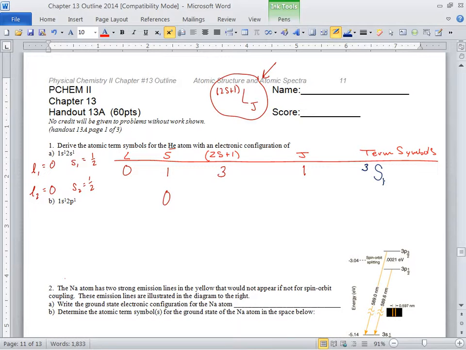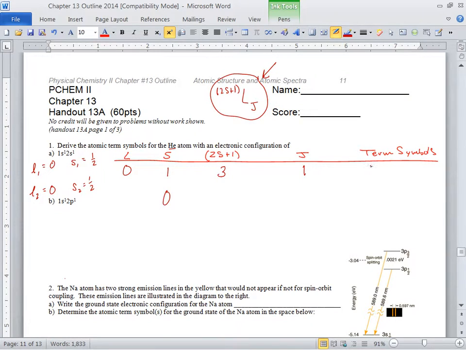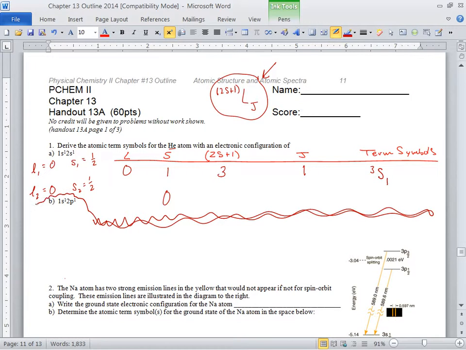I should have stuck to orange, because then I can use the other color for the next one. So I can use the same table.